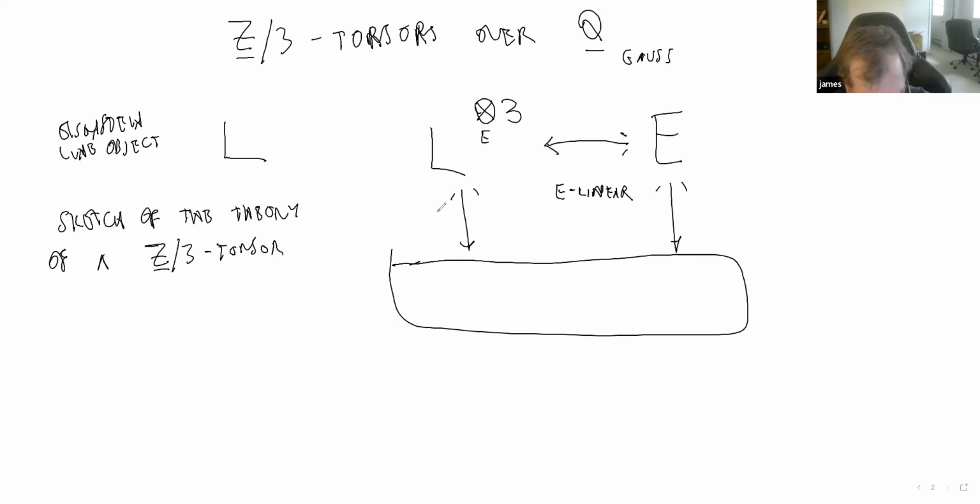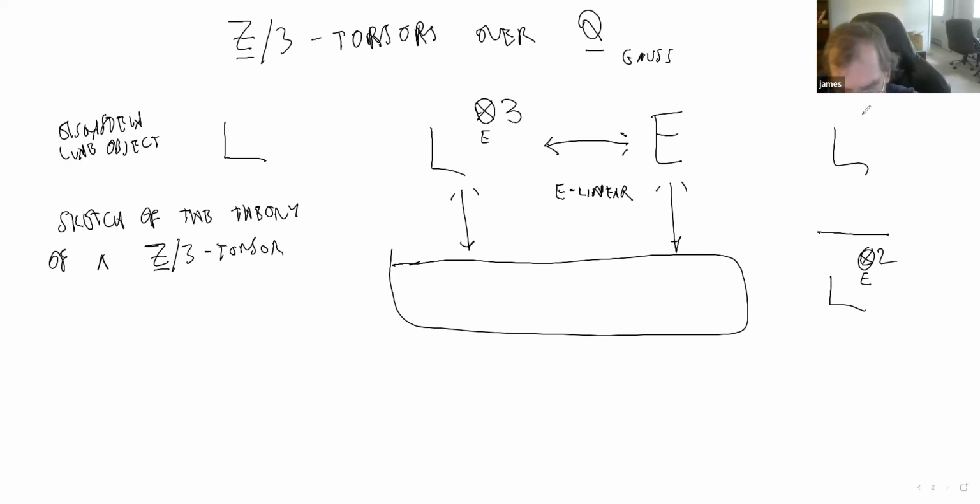I want to say, we're going to have this thing between L and L tensor square over E, and then I want to say formal Eisenstein conjugate or something like that, which I'll just notate for the moment as a bar.